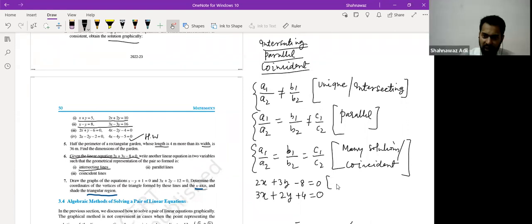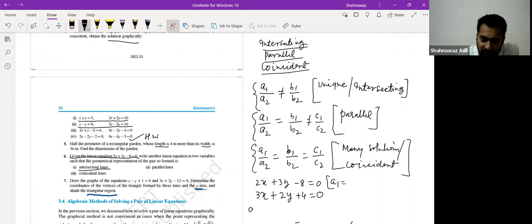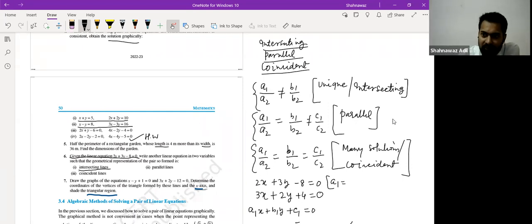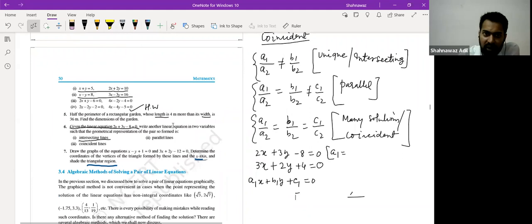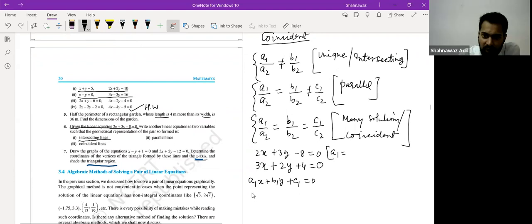So in here, what is our A1? Adil, can you tell what is our A1? Okay, so the general form of the linear equation was A1x plus B1y plus C1 equals to 0, and the second one was A2x plus B2y plus C2 equals to 0.